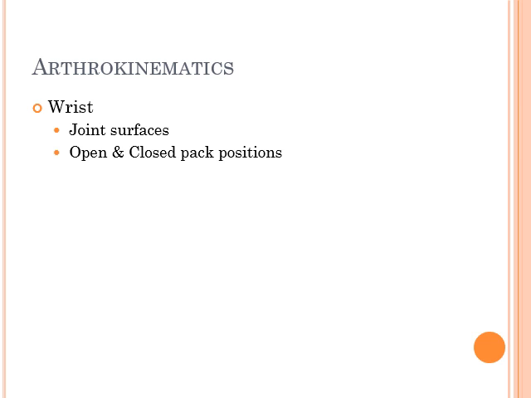So remember we said about open and closed packed positions. Open packed positions are when the joint surfaces are the furthest apart. Closed packed is when they approximate the most, okay? So when we look at the motions, for instance, and we talk about roll and slide, when we talk about flexion and extension, you have to look at, are you talking about doing something in the open chain versus the closed chain, okay, when you're looking at your motions.